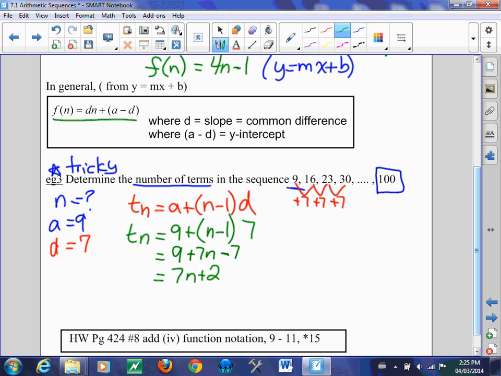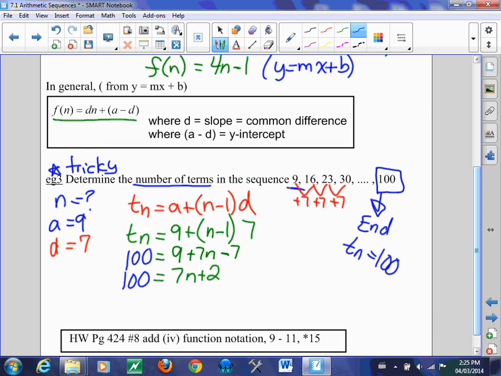However, can we find out what n is? Not yet, but the key here is that this last value is given. We don't know how many terms there are, but that's the end. If it's the end, then in the general term, t at n equals 100. You're wondering why I didn't put that in earlier. We substitute that in, and now we have enough information to isolate n and solve for it.